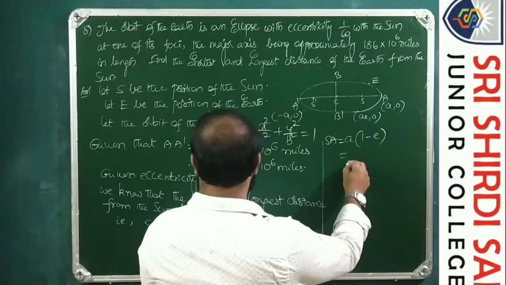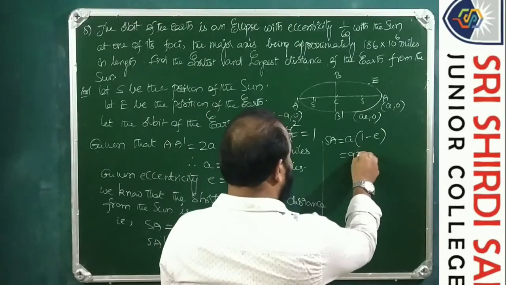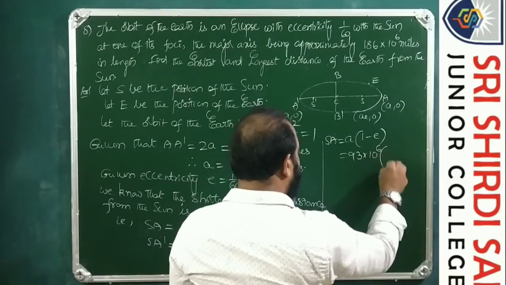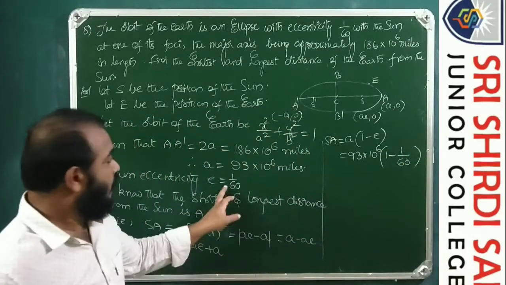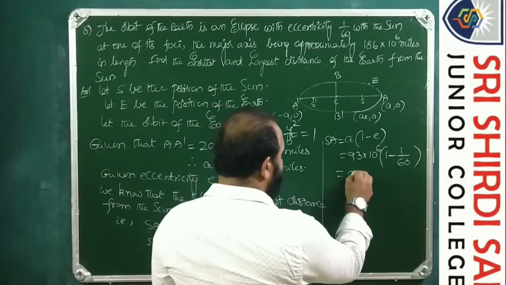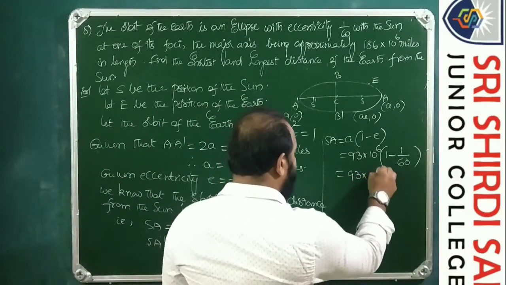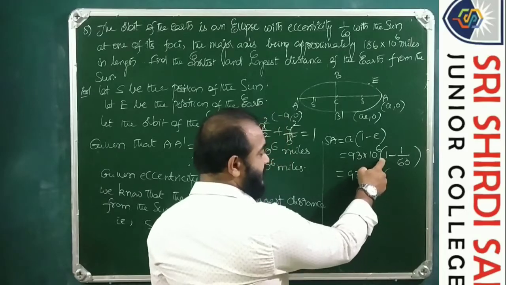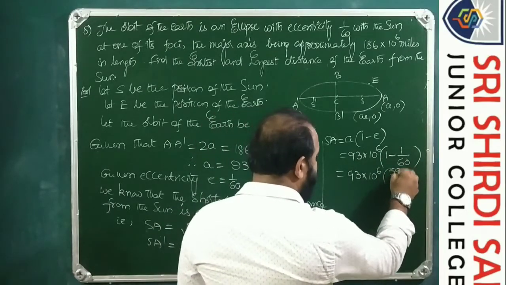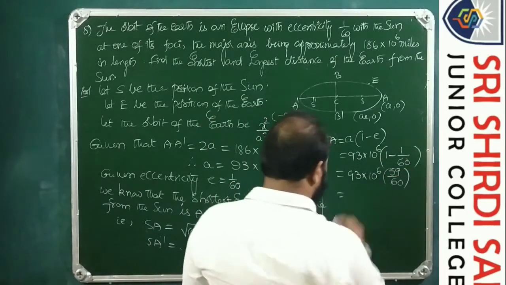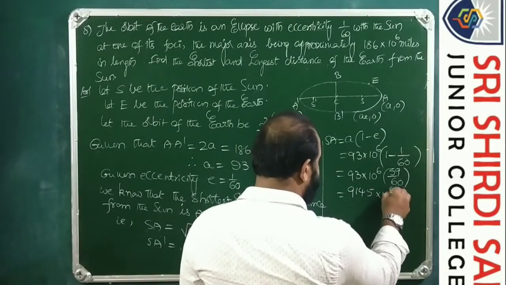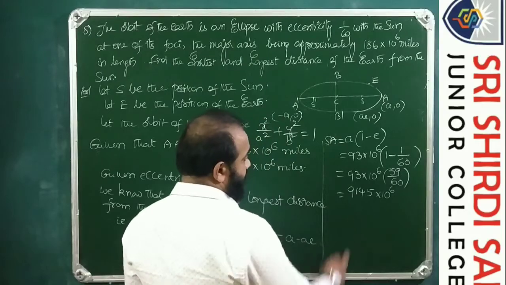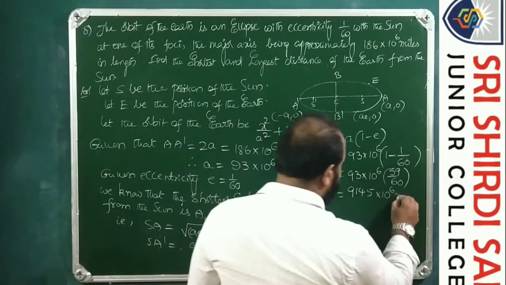So a is 93 into 10 power 6 into 1 minus 1 by 60, as e value is 1 by 60. So that is 93 into 10 power 6 into 59 by 60, which is 91.45 into 10 power 6 miles.